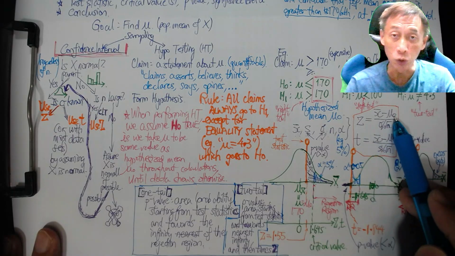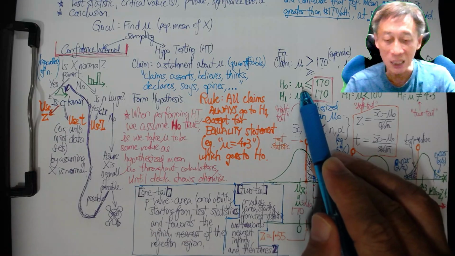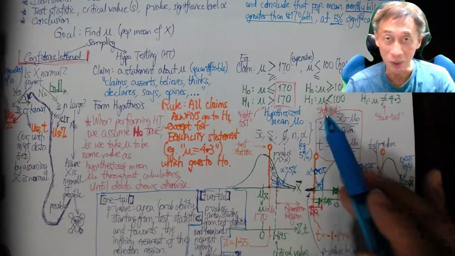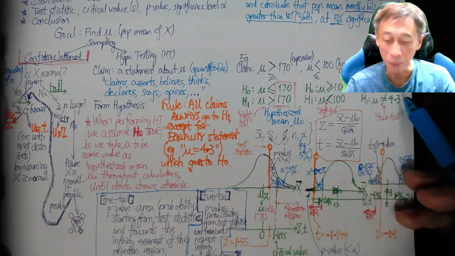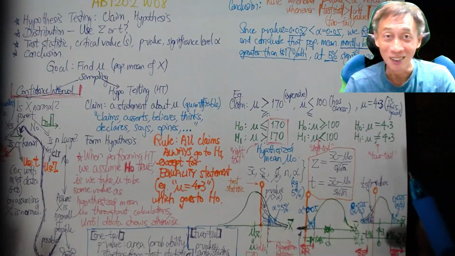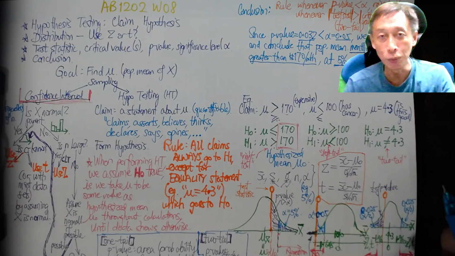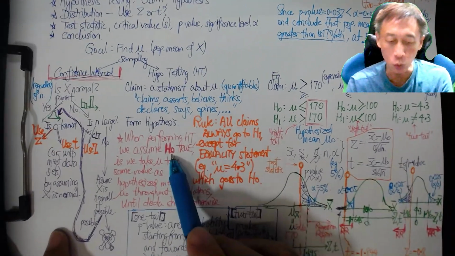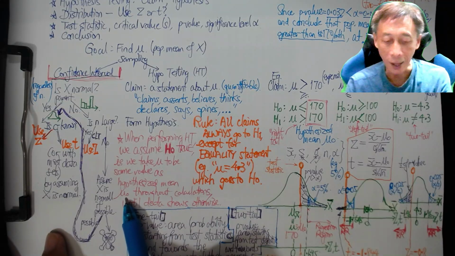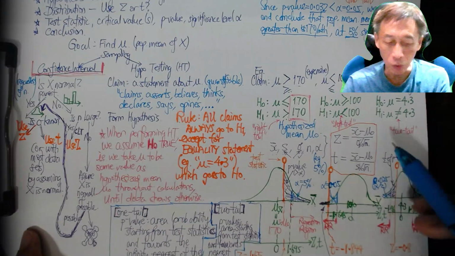So assuming H0 is true means that mu, the actual population mean, we assert to be precisely this number, this 170 number, this 100 number, this 4.3 number, right? Of course, we don't have a proof because it is the very thing we are testing. But let's assume it's the case until proven otherwise. That's the whole idea. So we assume H0 is true by taking the mu naught as our mu throughout the calculations. And then we perform the calculations.